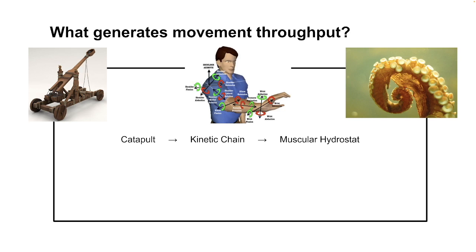We have something in human arms, in any kind of arm really, called a kinetic chain. So the kinetic chain is where you have the system of links and joints, and they have different degrees of freedom. You can see the different degrees of freedom here. You have a shoulder, elbow, wrist, and they all articulate in different ways.